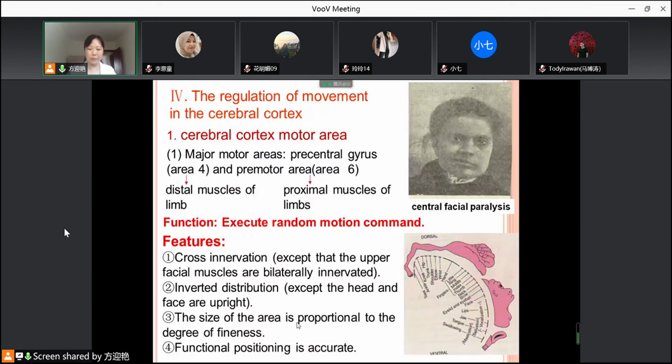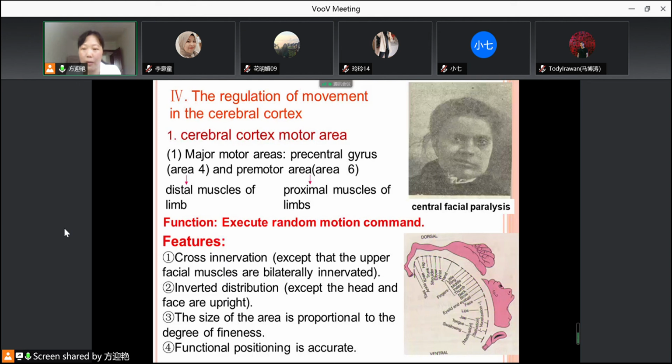And also the fourth: the functional position is acute. Think about it like this: I will smile, and we know it correctly innervates the muscle contraction. When you want to smile, the cerebral motor areas are excited, and they control the facial muscles to smile.